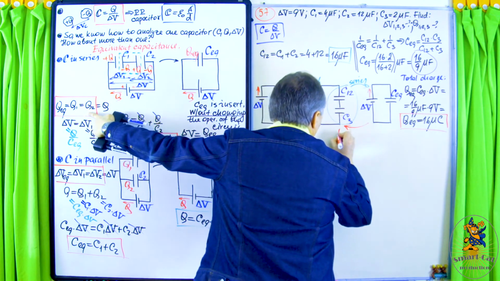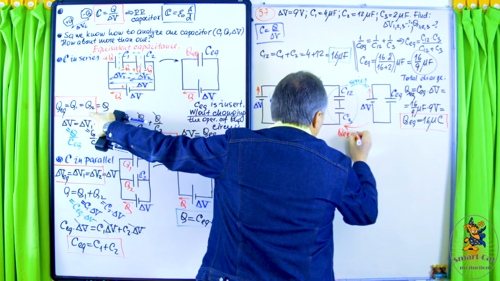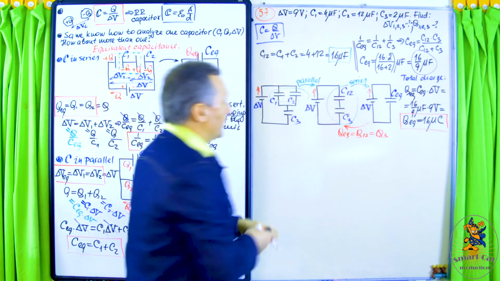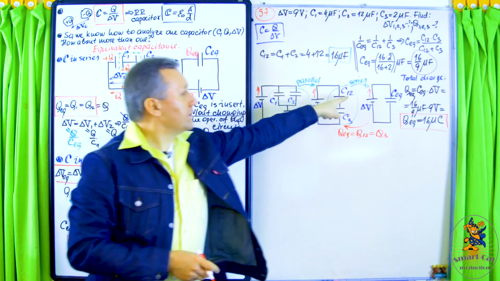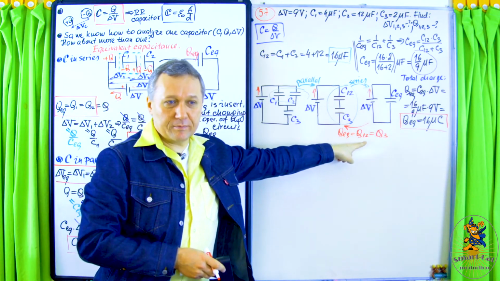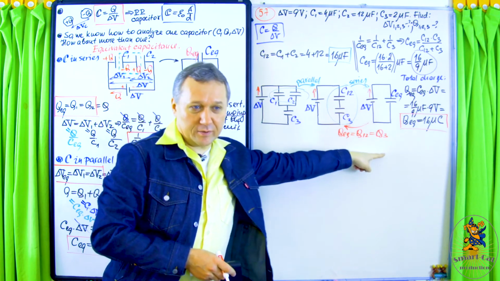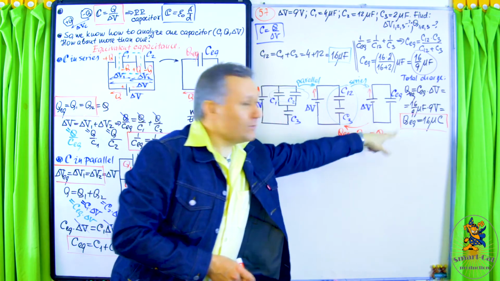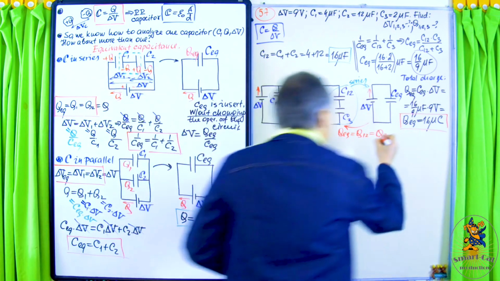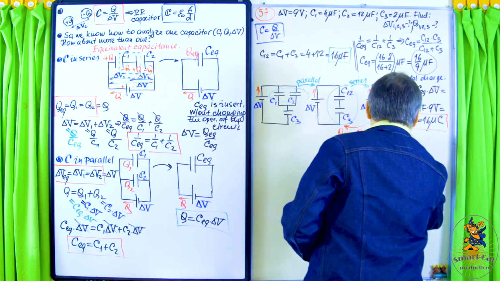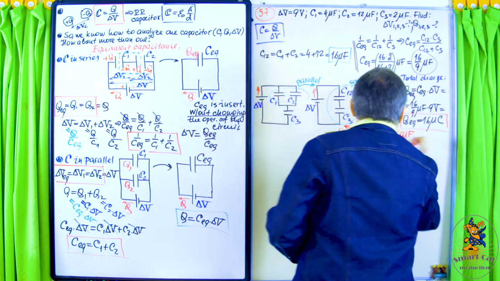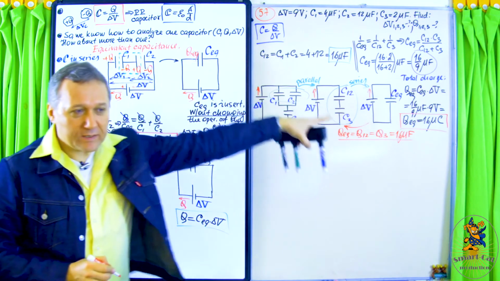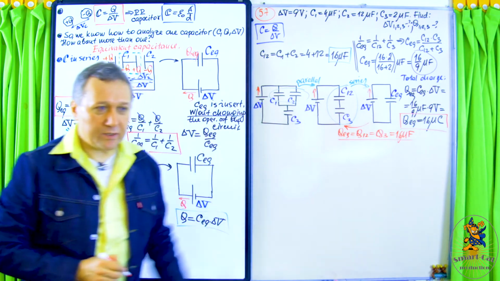I can write that Q equivalent equals Q12 equals Q3, because Q equivalent replaced this capacitor, you see the subscripts 1, 2, and that capacitor, you see the subscript 3. And we also know that Q equivalent is 16 microcoulombs. So I can write over here at the end, it is equal to 16 microcoulombs. That's the bridge which is going to take us from the simplest circuit to this intermediate one.